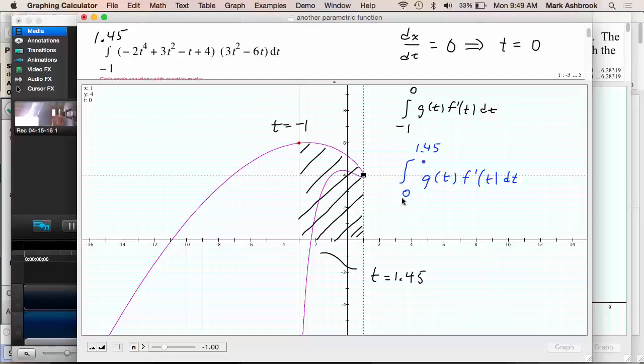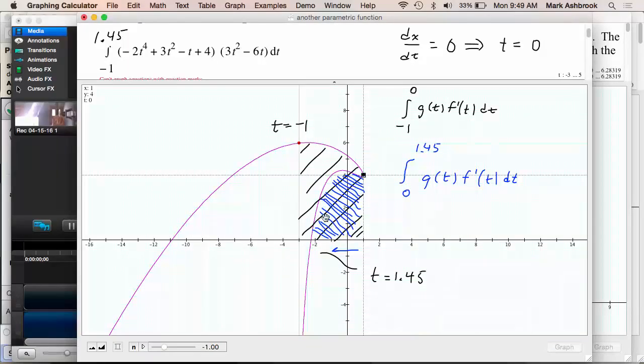As we go from t equals 0 to 1.45, the x value is what? Decreasing, okay? So it'll be this area here, blue. But because we started at a greater x and integrated to a lesser x, what will it be? What will we get if we integrate from 0 to 1.45?